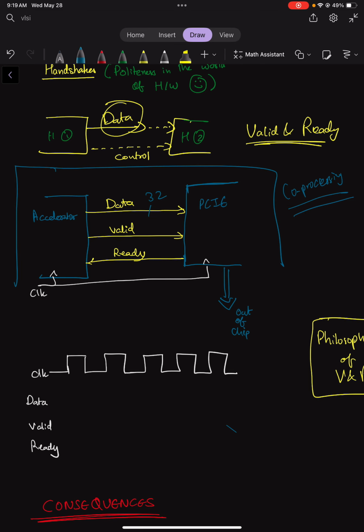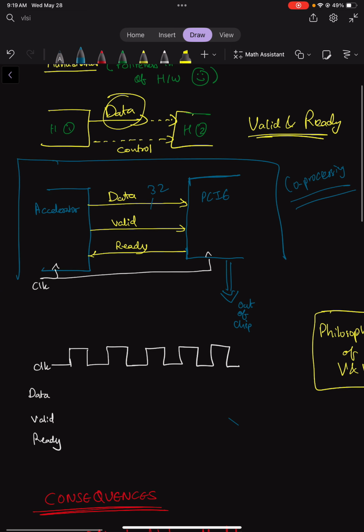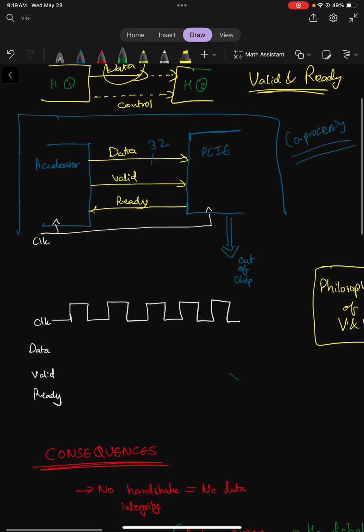So, what really happens now? The accelerator needs to send the data to PCIe. Now, the way the accelerator does it, I'll show you in this timing diagram below. Let's say the accelerator has put a data at this clock edge. Let the data be 0xFF.